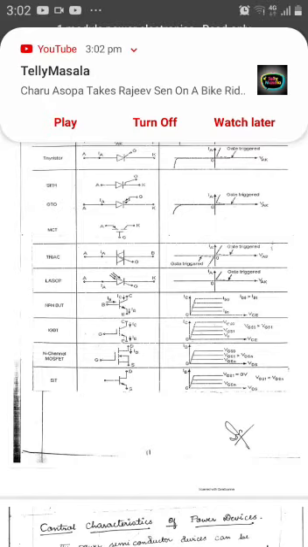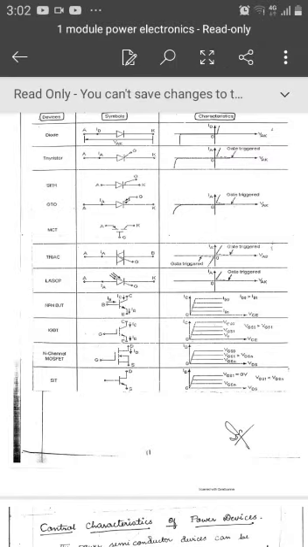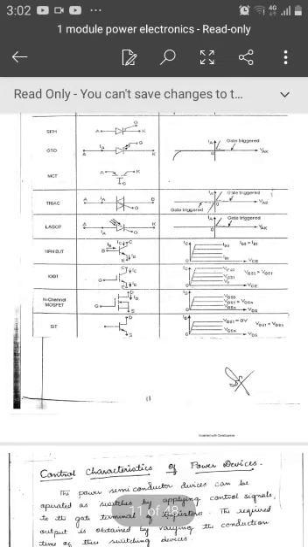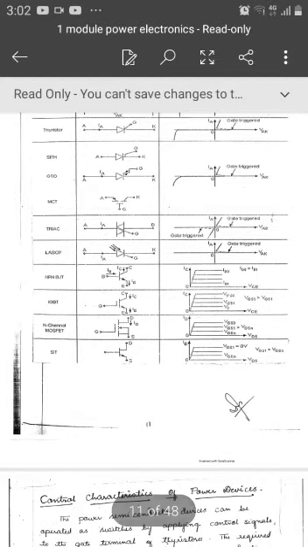MCTs have lower power rating than GTO and SITH. The figure shows the symbol of MCT and its VI characteristics are similar to those of GTO and SITH.